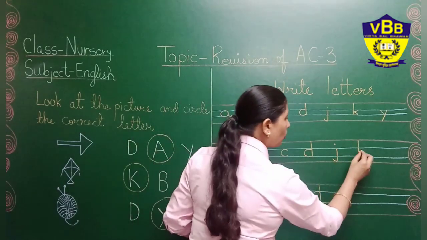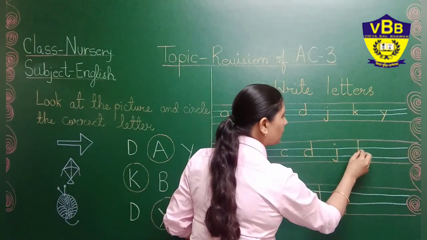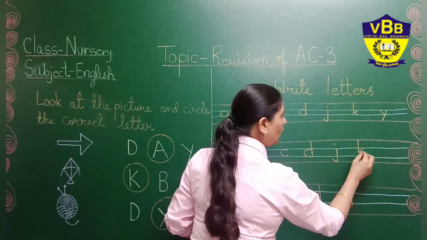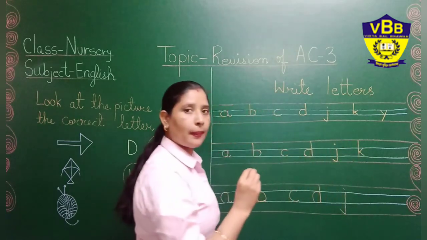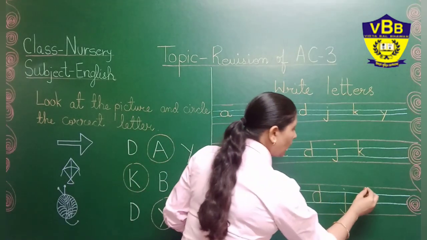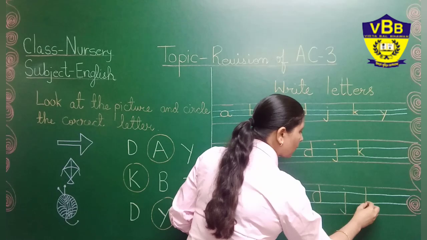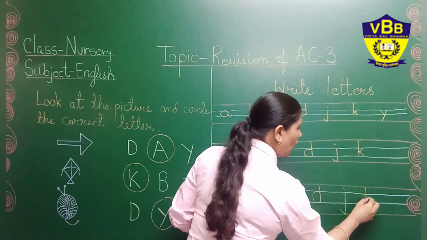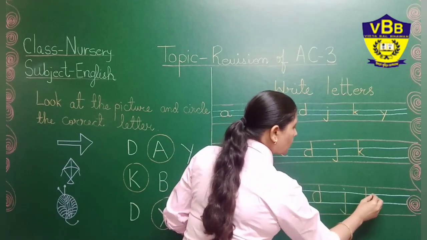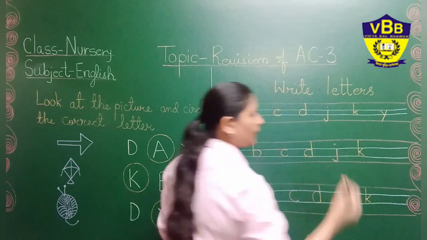So you all have to make one small dot here, then one slanting, one more slanting, right? Let's do it. One standing, we will make one small dot here, one slanting, one more slanting.